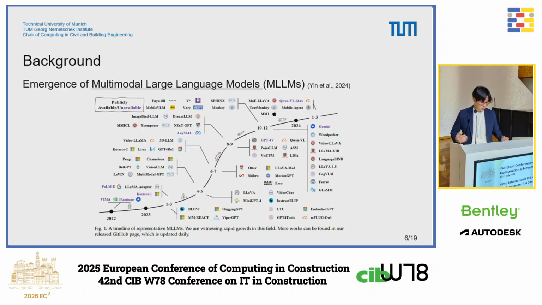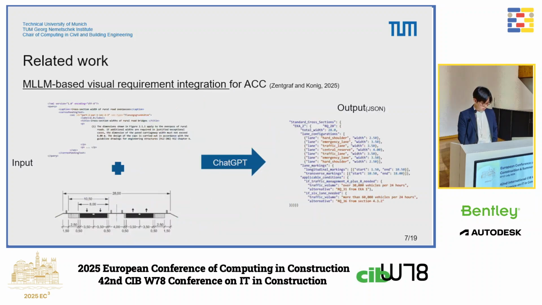Now, we are in the era of multimodal large language models, which have shown remarkable capabilities in understanding and reasoning across both text and figure inputs, and also show many successful use cases for downstream engineering tasks. Already some studies have attempted to feed XML-based regulations and related figures into multimodal large language models.